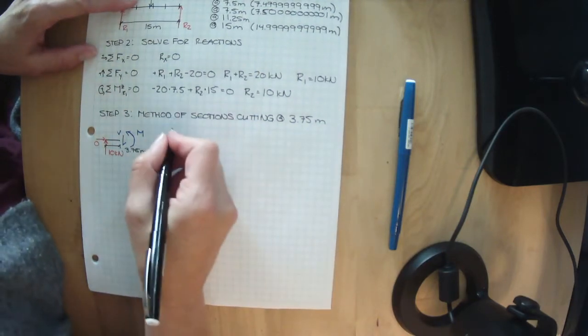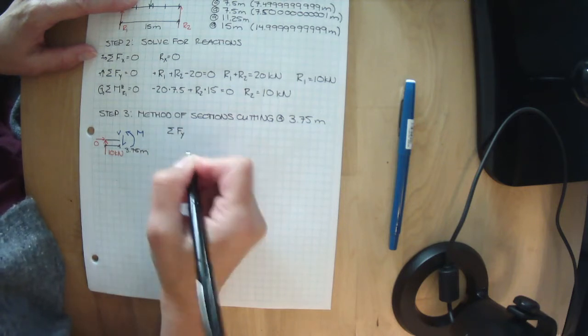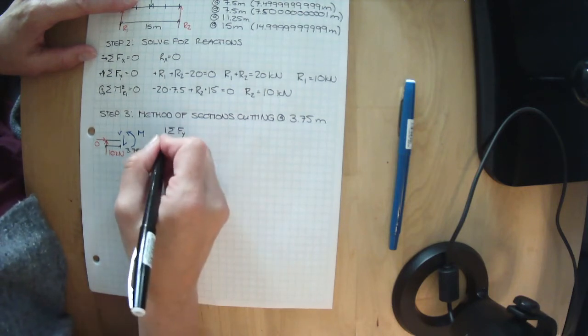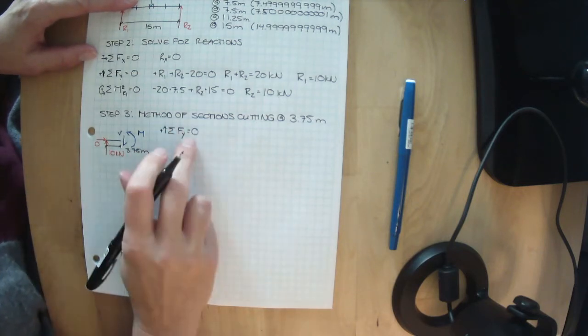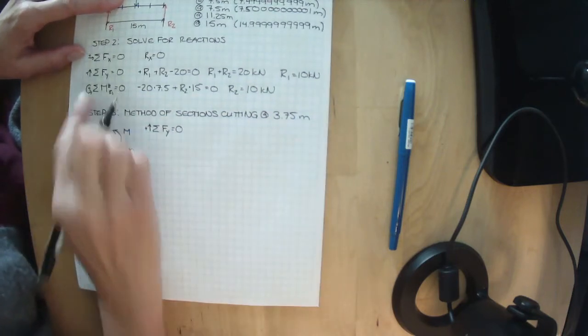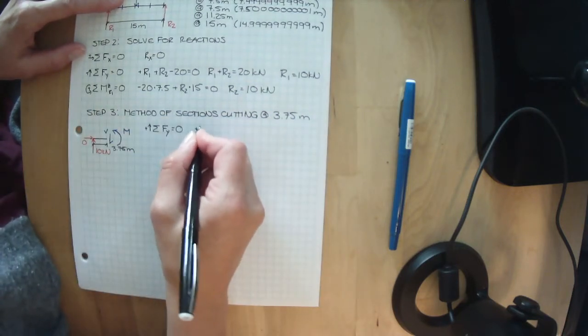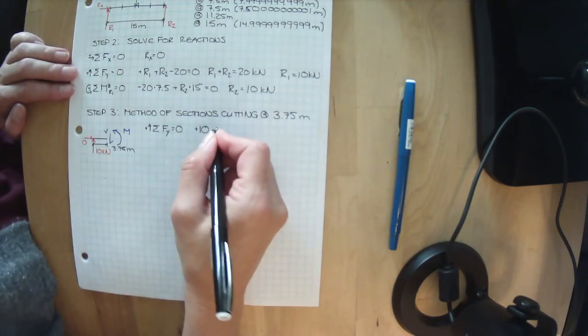So let's start by summing the forces in the y direction, where everything upwards is positive. And we want to know what it takes for this to be in static equilibrium. Well, we have 10 kilonewtons going upwards, and we have an unknown shear going downwards.